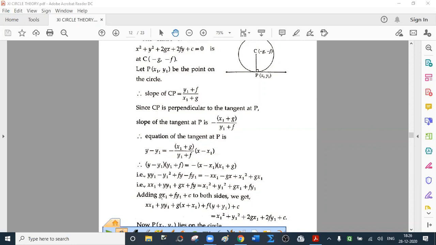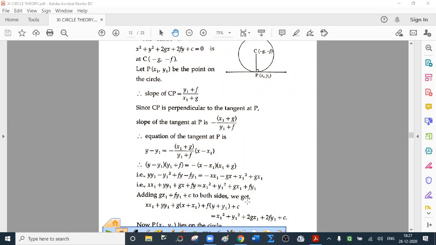As gx1 is added, take g common to get g(x plus x1). fy is already there. To it fy1 is added. Take f common to get f(y plus y1) plus c plus c. Now RHS becomes x1 square plus y1 square plus 2gx1 plus 2fy1 plus c. Why? Because gx1 plus fy1 plus c is added to right hand side also.